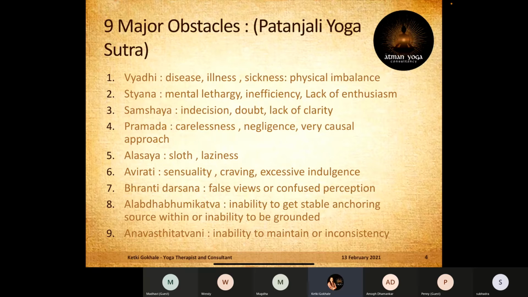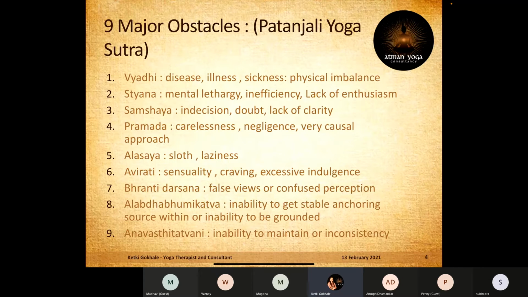The second obstacle is Sthana, which is the mental disease. It can be anything. Now we are seeing there is so much importance given to mental health issues. It can be right from anxiety, depression, just feeling not important. So it is basically lack of interest in life which disconnects us from feeling alive and vibrant.